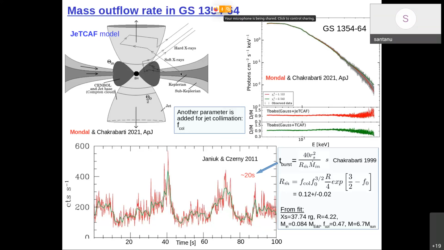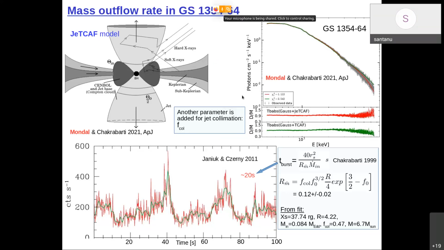Also, some fraction of the photons from the Keplerian disk also get upscattered by the jet and then come to us. These two things modify the spectral shape, and it shows some excess above 10 keV.